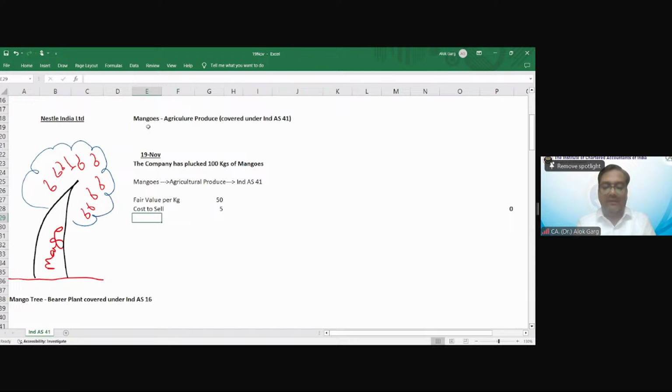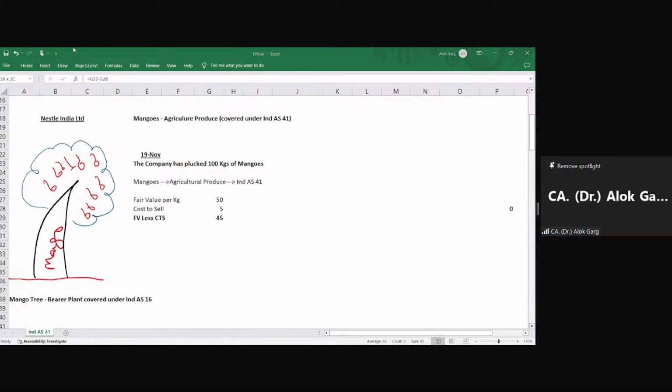So what is my fair value less cost to sell? My fair value less cost to sell is 45 rupees, right? Correct. Friends, my fair value less cost to sell is 45 rupees.